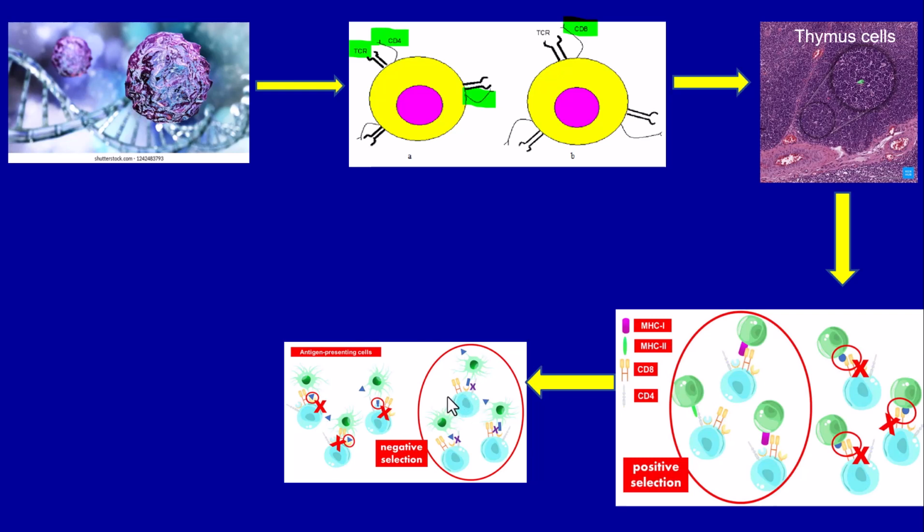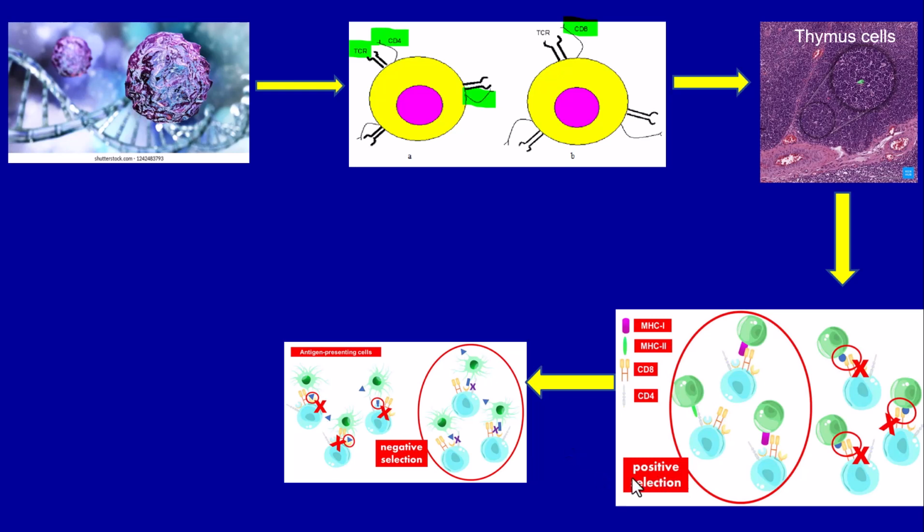If the receptor is developed properly and it is matching with the body tissue, they are cleared, and they are declared compatible with the immune system of the body.